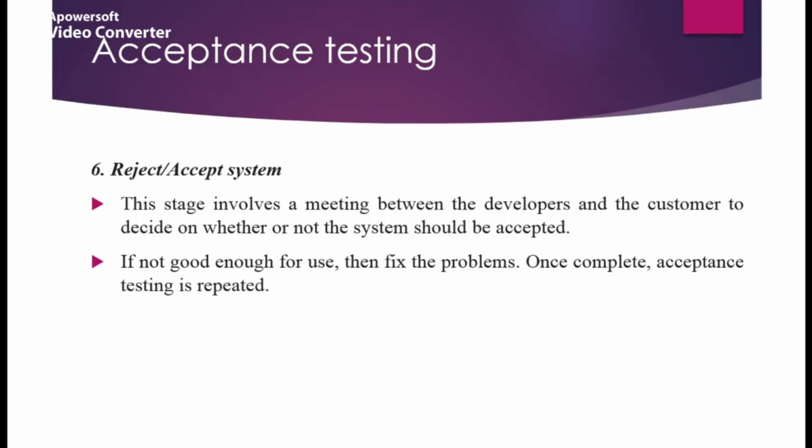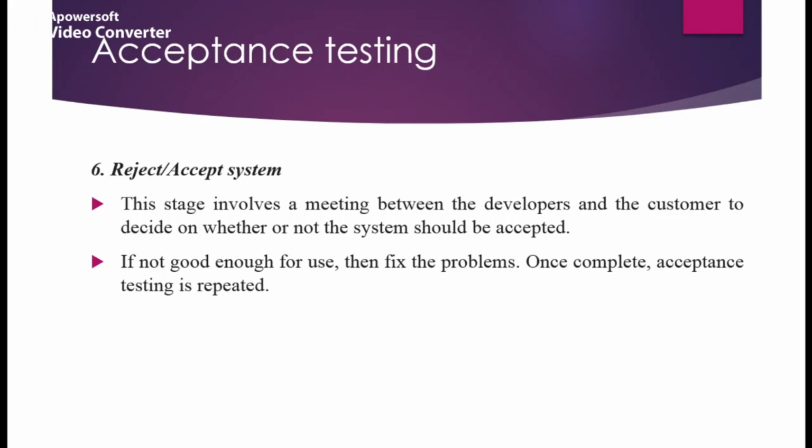The last step is to reject or accept the system. This is a stage where both the developer and customer should sit together, conduct a meeting and decide whether or not the system should be accepted and put into the market. If not good enough for use, then fix the problems.